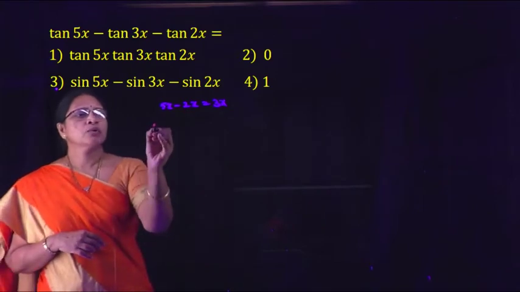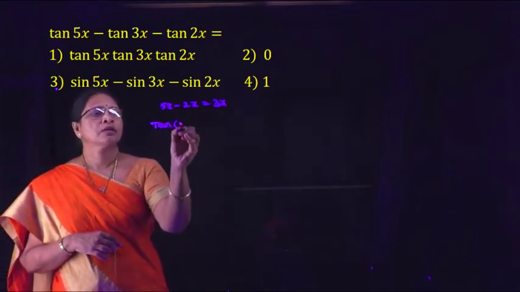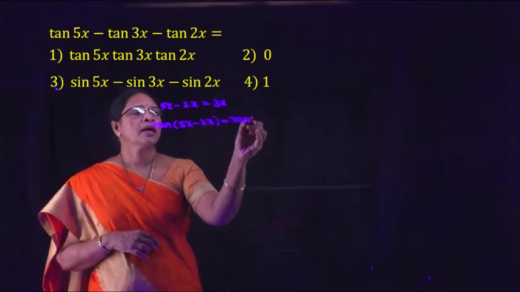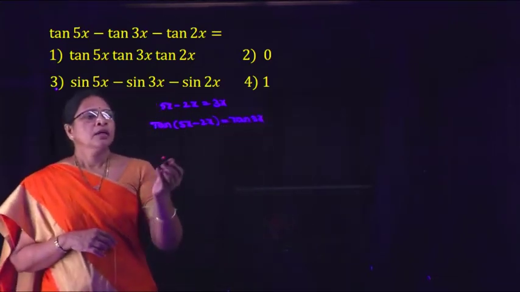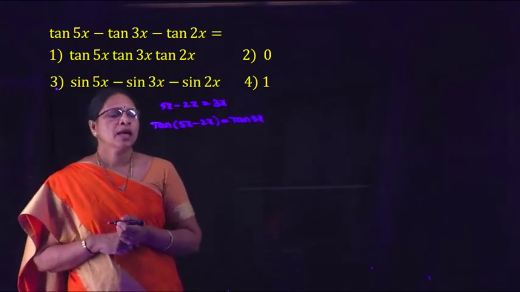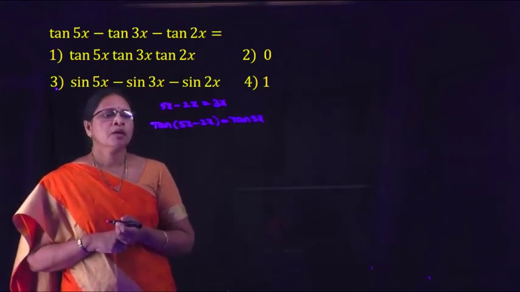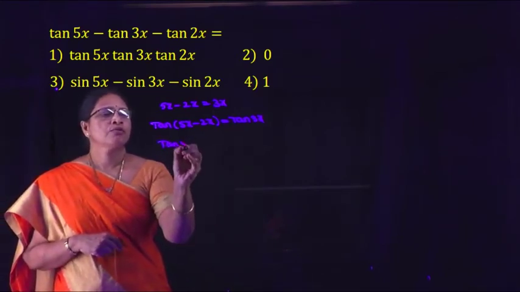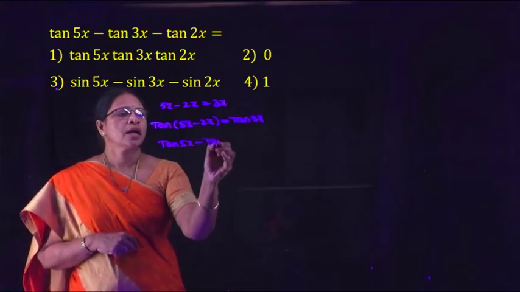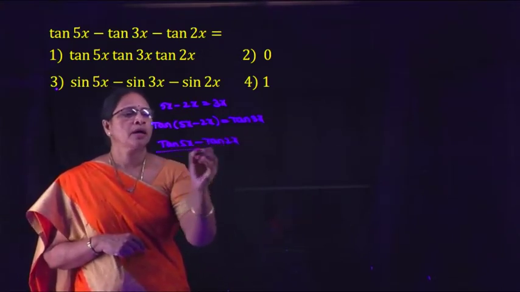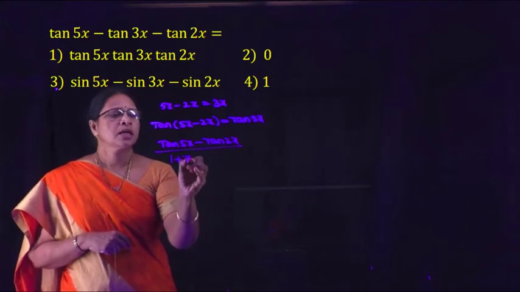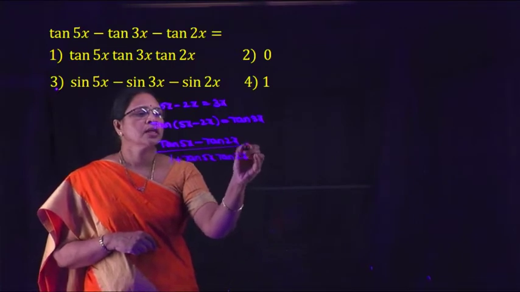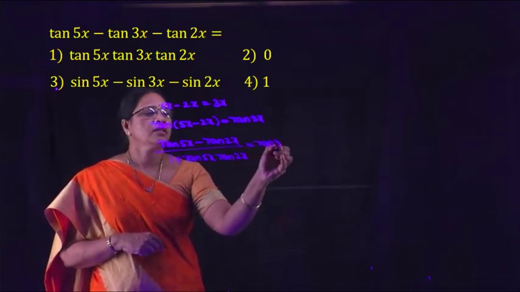Applying tan on both sides, tan of (5x minus 2x) is equal to tan 3x. Here it is in the form of tan (a minus b). We apply the formula for tan (a minus b), then we will get (tan 5x minus tan 2x) by (1 plus tan 5x into tan 2x) is equal to tan 3x.